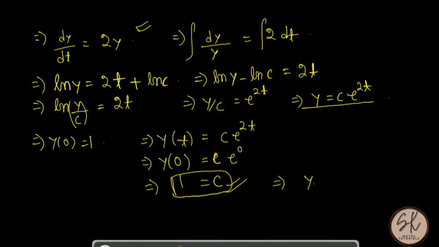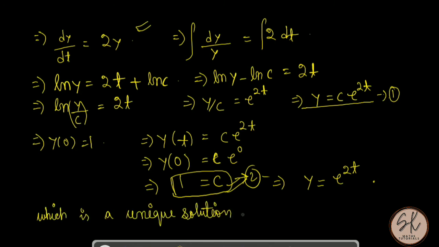So now from this, let this equation be 1 and the condition be equation 2. When we put the value of c in equation 1, we get y = e^(2t), which is a unique solution. Now let us go back to the question and check which of the options contain this unique solution.